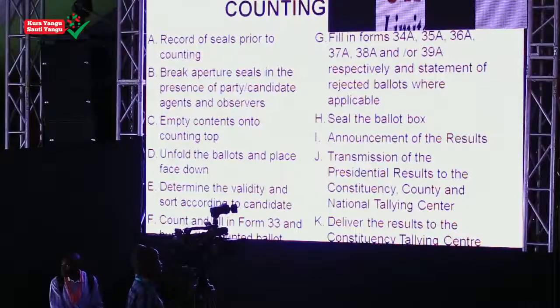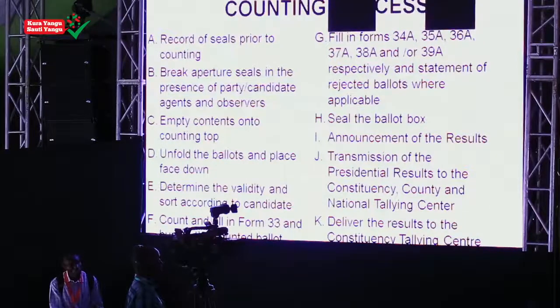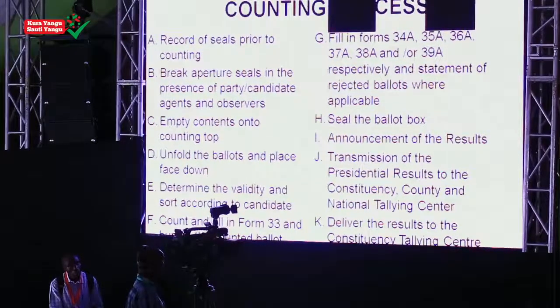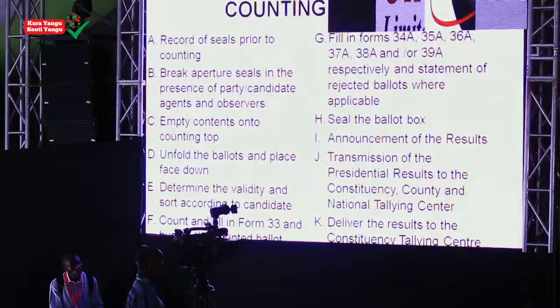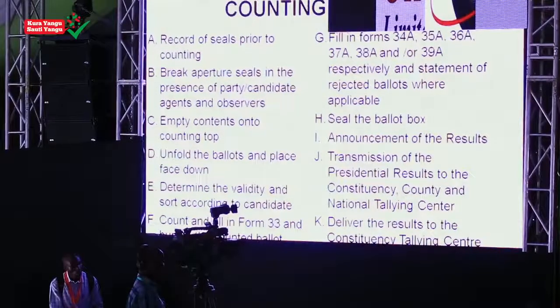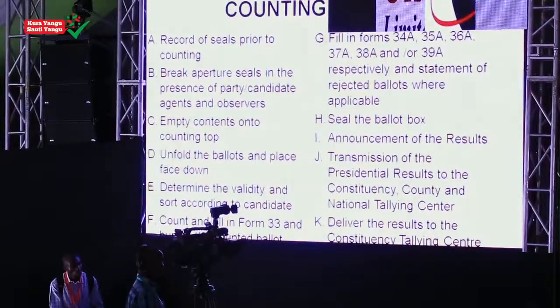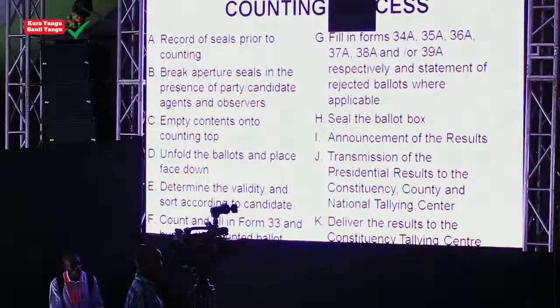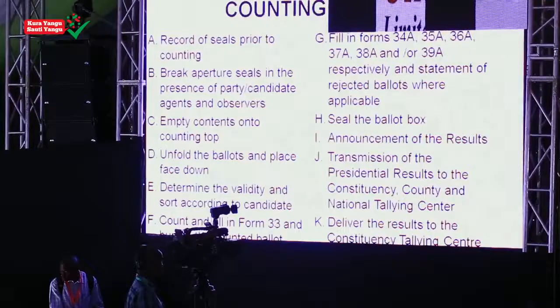They fill Form 33. Form 33 is a tallying form where you basically tally like you do the simple maths. 1, 2, 3 are allocated to this candidate. And then after that, they fill what we call the A series. The A series are the forms filled at the polling stations.